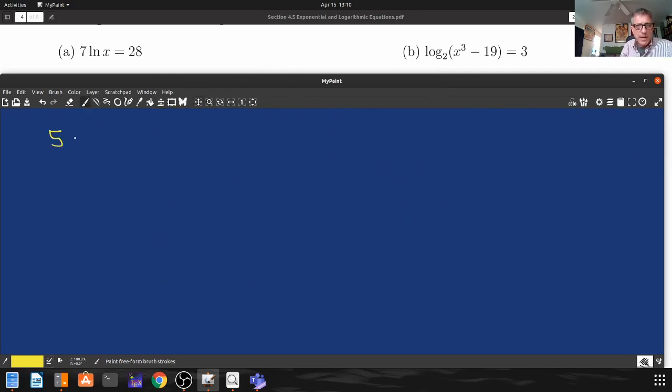Consider 5b. We have log base 2 of x cubed minus 19 is equal to 3.